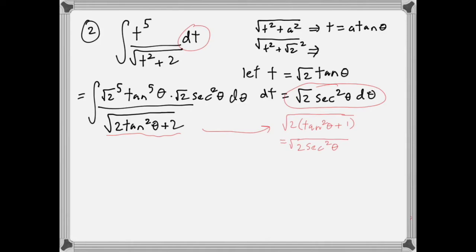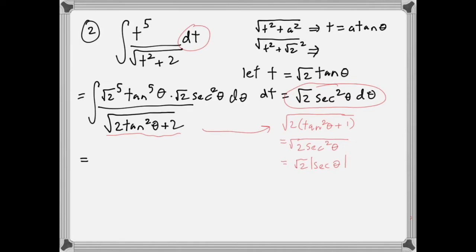And then finally, this becomes root 2 times secant theta. Now remember, this is an absolute value, but we get to ignore the absolute value. You know what? Let me just write it in, but we're going to ignore it because this is an indefinite integral. Okay. So let's see what we get here.